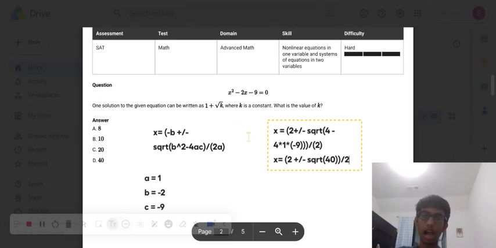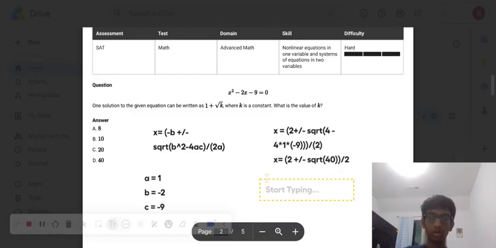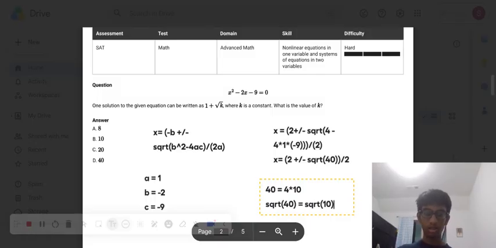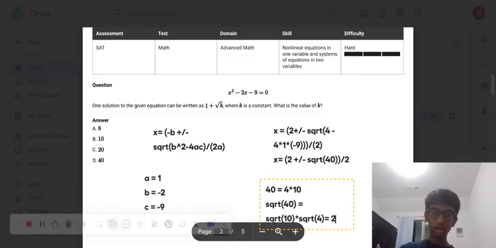Now, you might be wondering, we have a 2 here in the denominator, and we don't have a denominator in the given form. How are we going to get rid of it? What we're going to do is simplify our discriminant. 40 can be written as 4 times 10, so we can turn the square root of 40 into the square root of 10 times the square root of 4, which is equal to 2 square root 10.